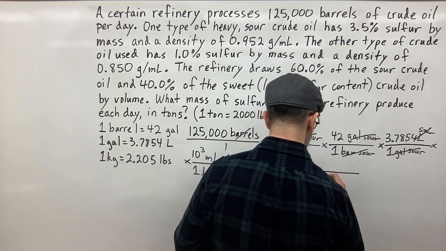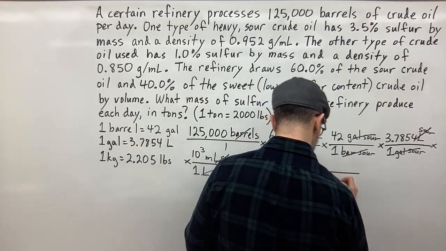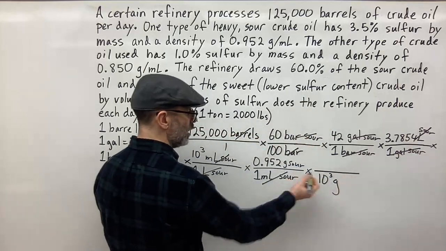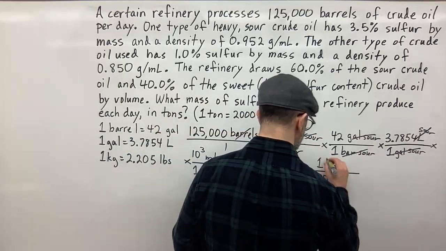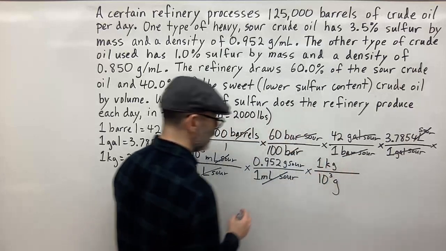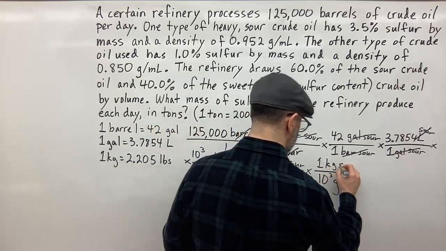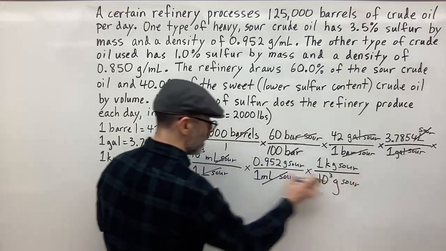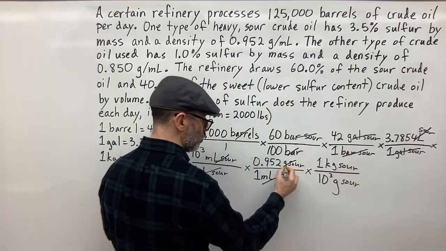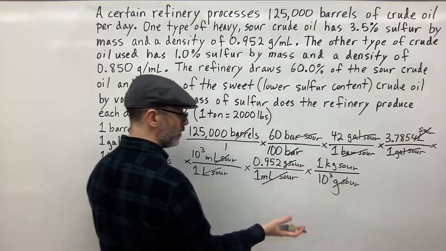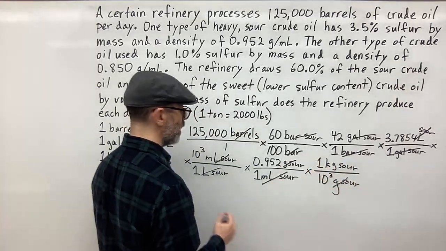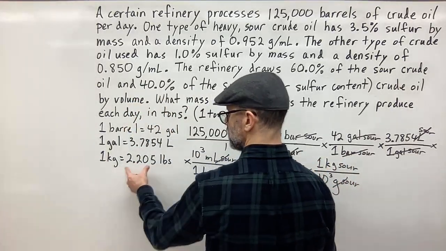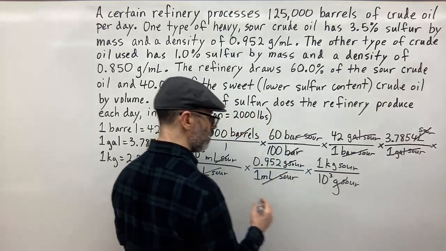So 10 to the 3 grams on the bottom is going to be equal to 1 kilogram on top. So the grams, and this is sour again. Sour. So grams on the bottom, kilograms on top. So grams are going to cancel out. 1,000 grams is equal to a kilogram. Now we can use 1 kilogram is equal to 2.205 pounds.